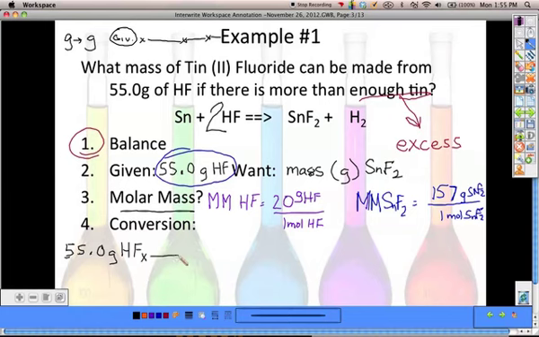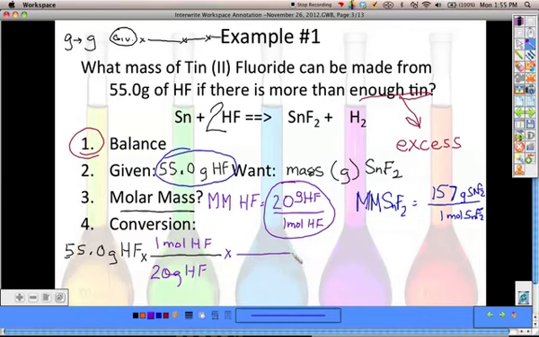So my first fraction is going to be based off the molar mass that I determined here. The thing I want to get rid of is grams. So 20 grams of HF goes on the bottom. 1 mole of HF is the other part of this ratio. It's always going to be 1 mole with whatever my mass is. It's going to go on top.